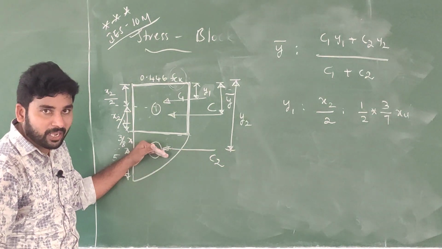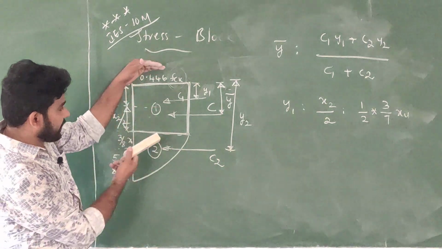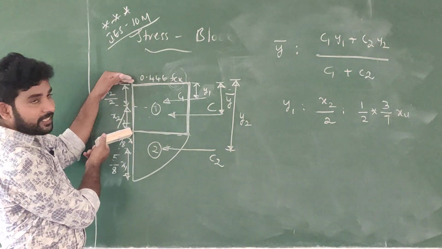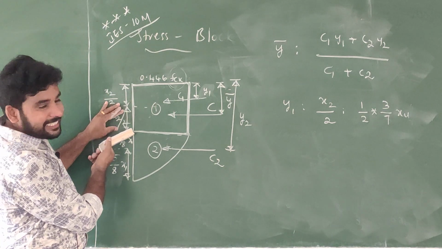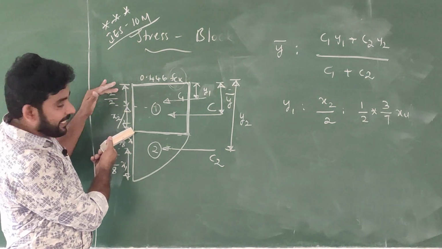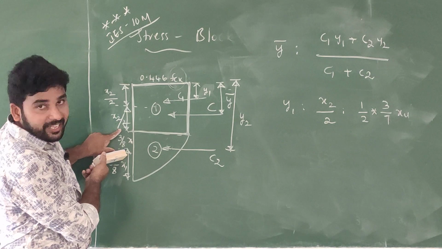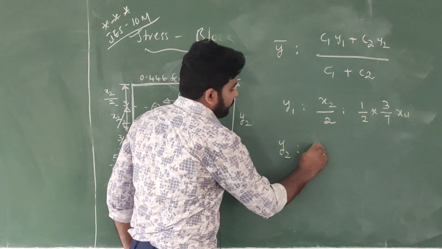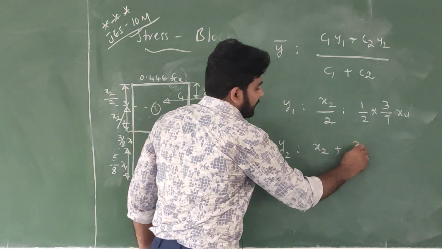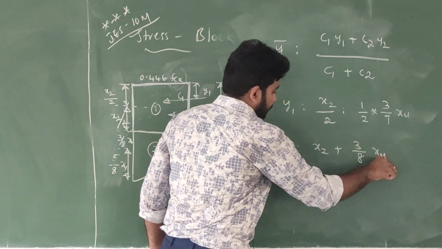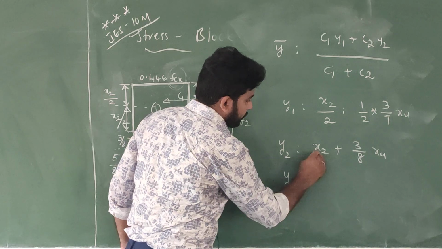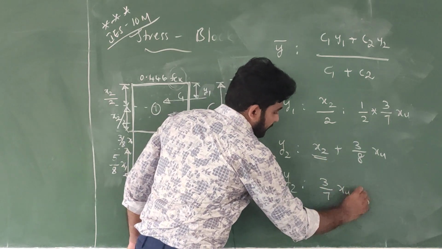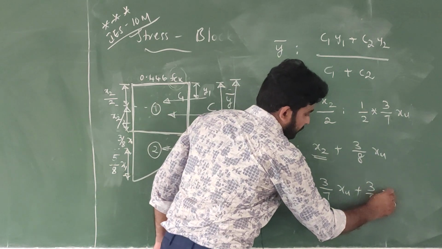Similarly for y2, where is it acting? For the parabola, it is taken as the rectangle plus this portion. What is the depth of the rectangle? x2 by 2 plus x2 by 2, total x2, plus 3/8 xu. y2 equals x2 plus 3/8 xu, where x2 is 3/7 xu, so y2 is 3/7 xu plus 3/8 xu.